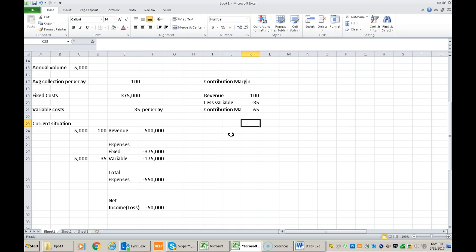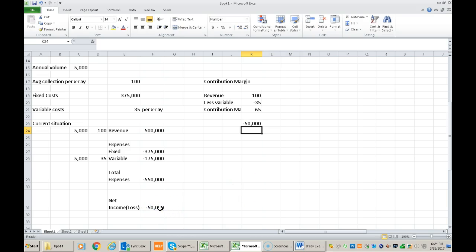So we know that we have a loss of $50,000, right? And our contribution margin is $65 per item. So if we simply take 50,000 divided by 65, it tells us that we need to do 769 more x-rays in order to break even.